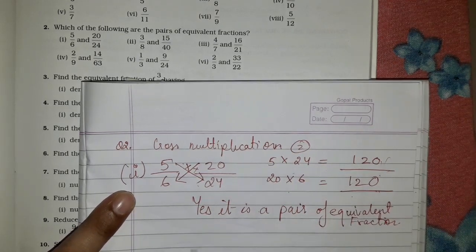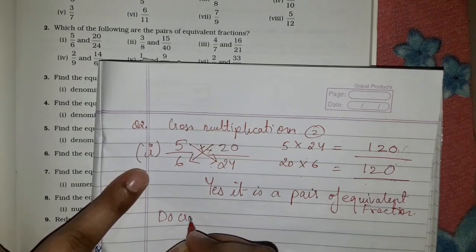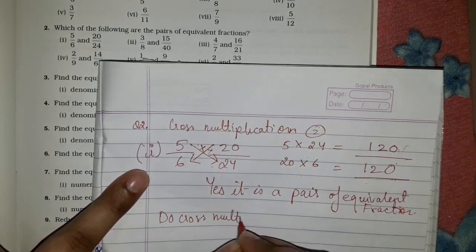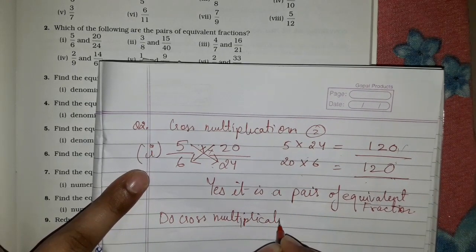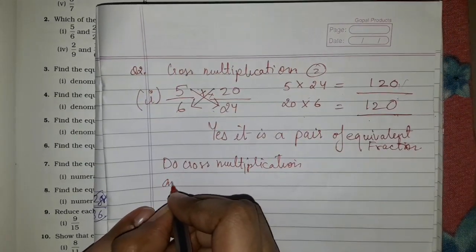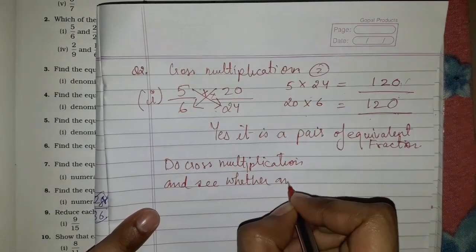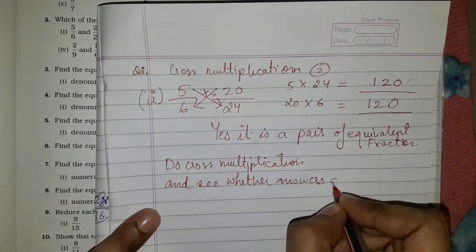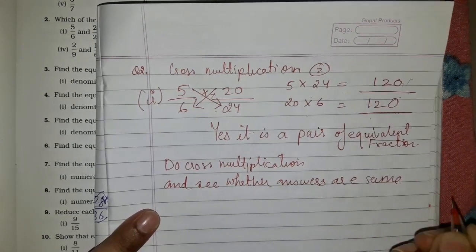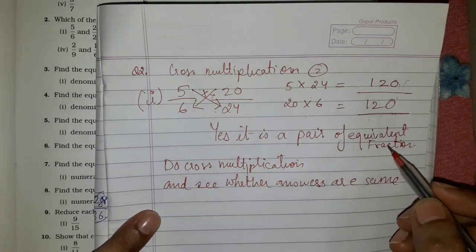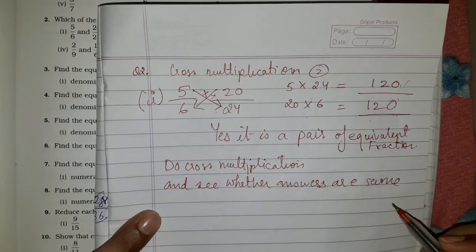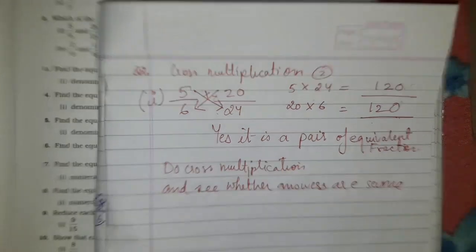Understood? What is the method? Do cross multiplication and see whether the answers are the same or not. If the answers are not the same, then they are not equivalent fractions. If they are the same, they are equivalent fractions.